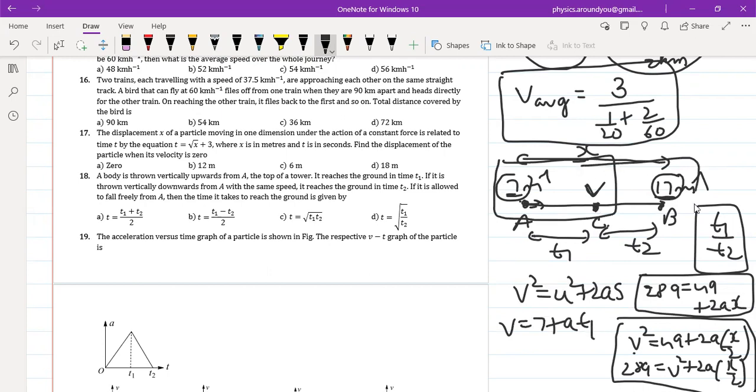I can use V equal to U plus AT here over twice, which is 17 equal to V plus AT2. Now somewhere I can make T1 and T2 enter this scheme of things because I don't really need V over there, right? So this is the machinery of the equations given to you.